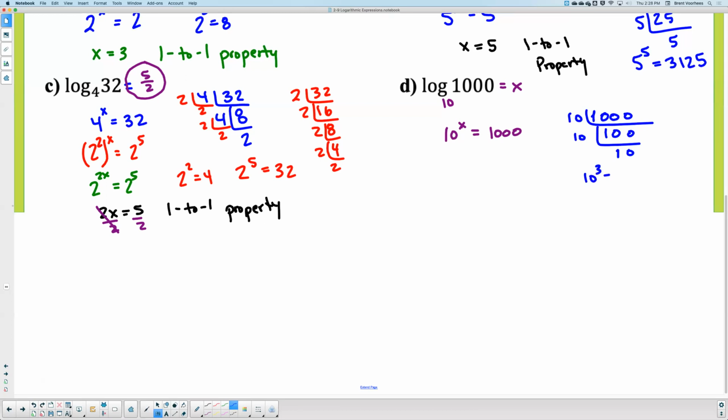So that means 10 cubed is 1,000. Therefore, 10 to the power of x is equal to 10 cubed. According to the one-to-one property, x equals 3. And that's the answer to our logarithm. 3.